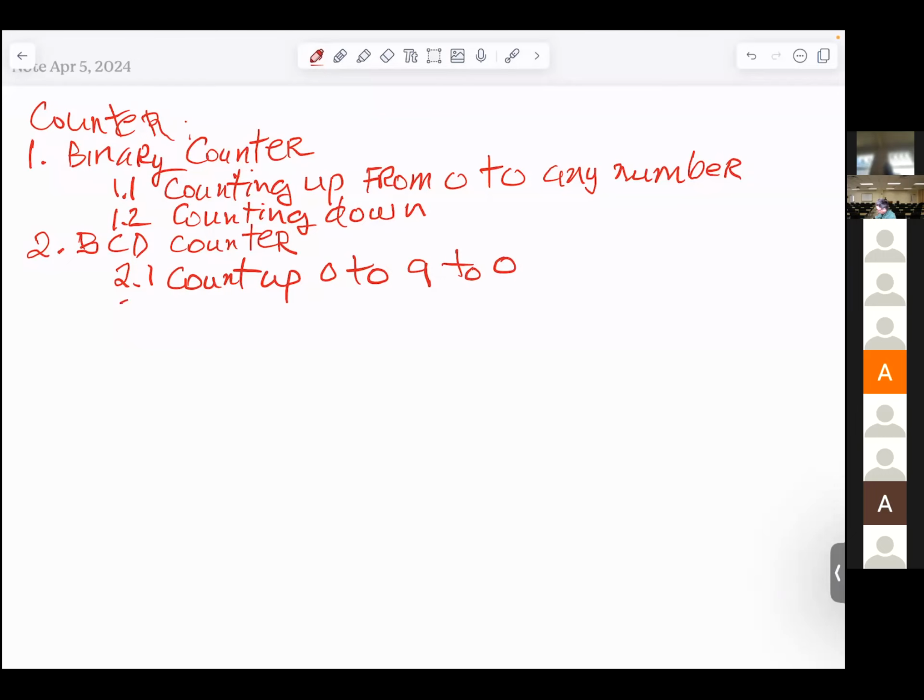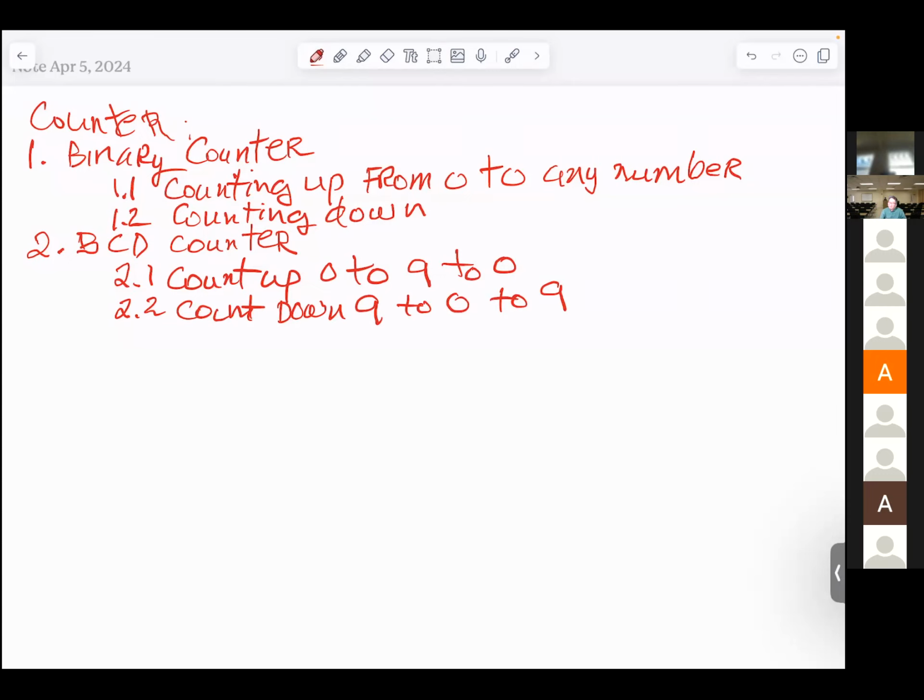Or count down: 9 to 0, and back to 9. That's how you can see the difference between the counters.